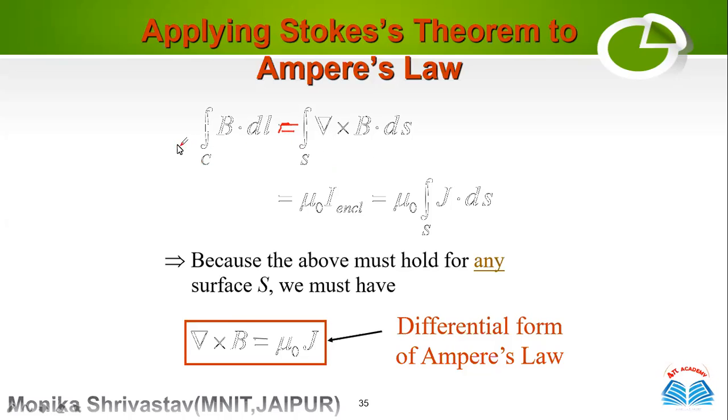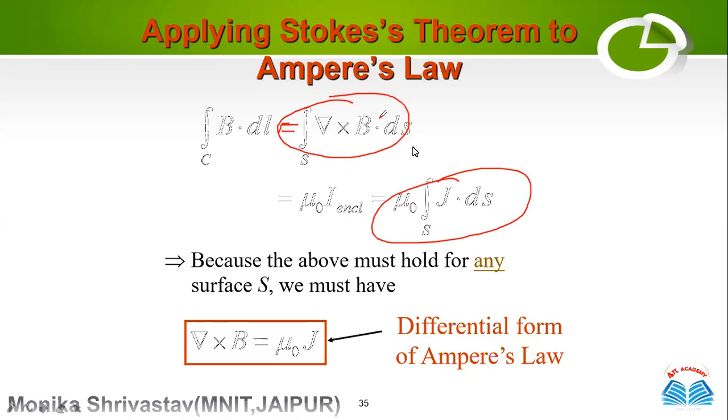This B dot dl was equal to mu naught I enclosed, and I enclosed was equal to the integral of J dot ds. So just compare these two terms. The ds and the integral are similar, so what we are getting is del cross B equals mu naught J. This is the differential form of Ampere's law.